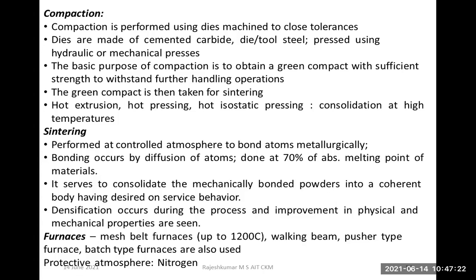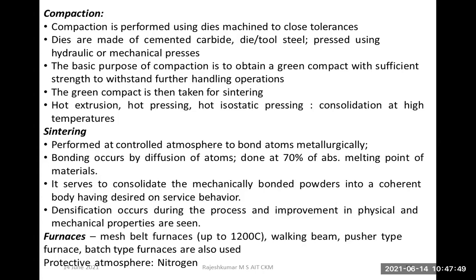For example, mesh belt furnaces are most commonly used for sintering in powder metallurgy, and they can go up to 1200 degrees centigrade. One more example is walking beam and pusher type furnaces, which can be used for still higher temperature manufacturing. The next is batch type furnaces, which include bell type or box type furnaces.